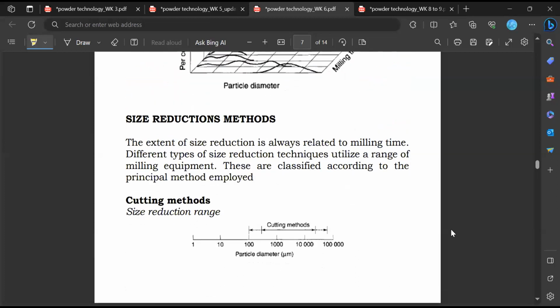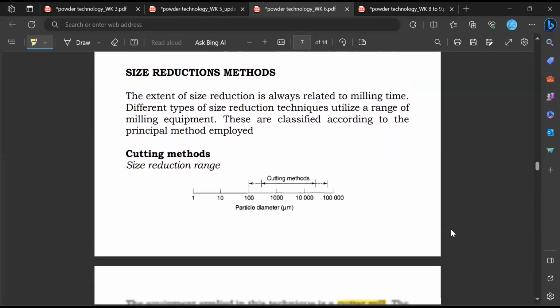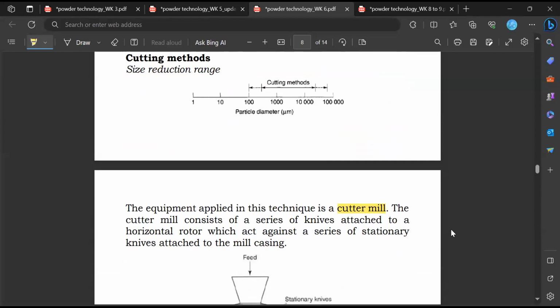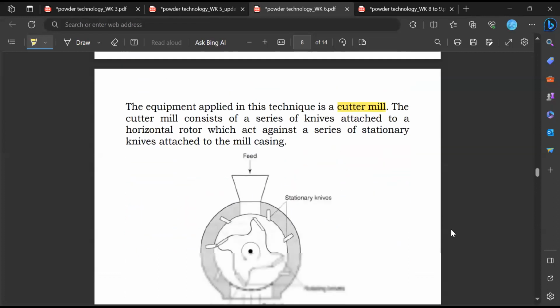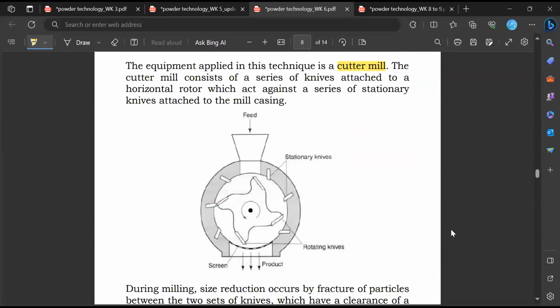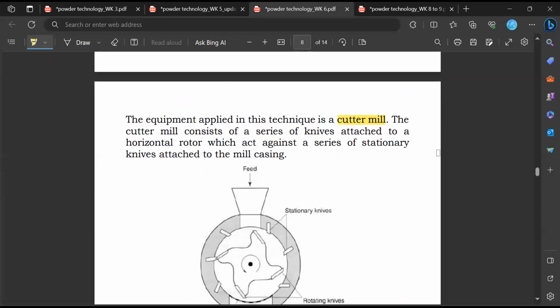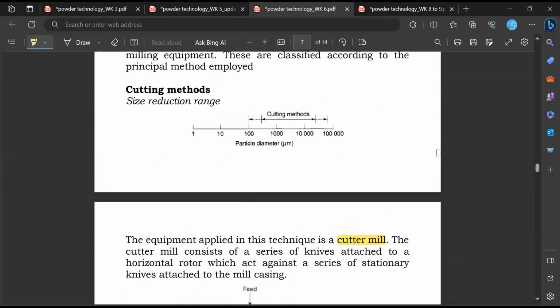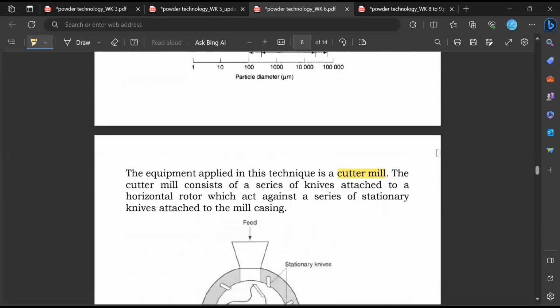Now, when you're coming to size reduction methods, first is the cutting method, where you use the cutter mill. I'm not going to explain how the whole machine works. I think we need to remember what kind of technique or equipment is used.